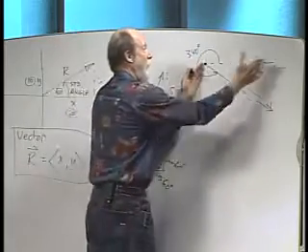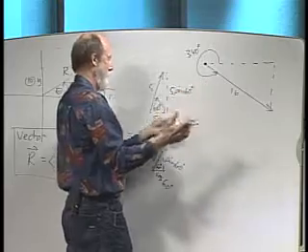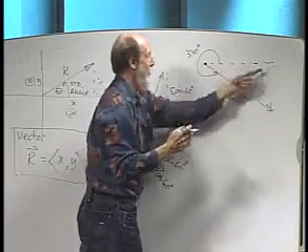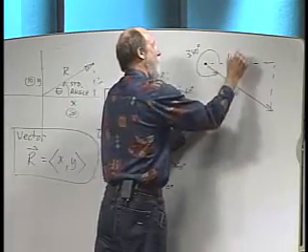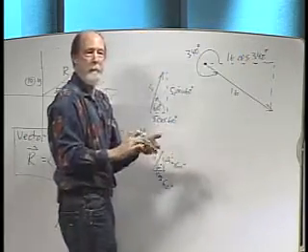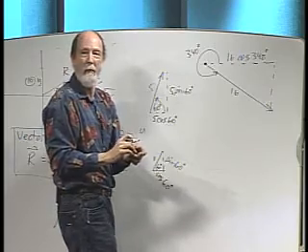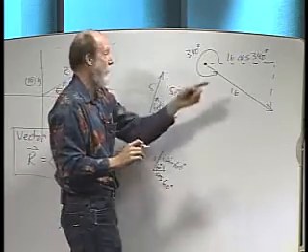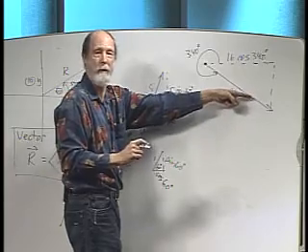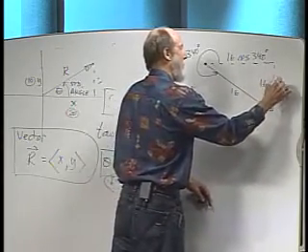How much of it is further to the east? 5. No, not 5. This is 16 cosine of that standard angle. Does that make sense? How far south did you come? 16 sine of that standard angle.